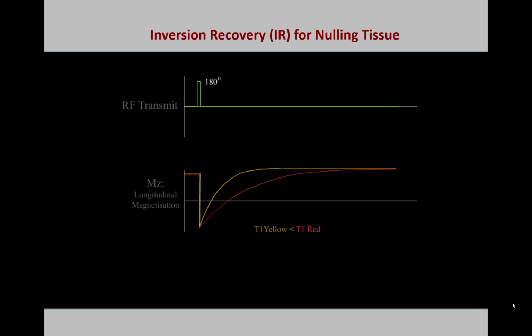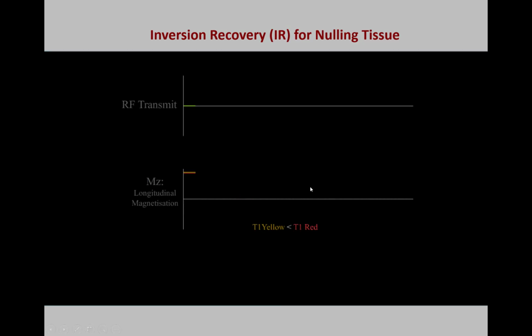We'll call one the yellow tissue, the other the red tissue. The T1 of the yellow tissue will be taken to be shorter than that of the red tissue. So when the 180-degree pulse is applied, the longitudinal magnetizations for both tissues are inverted, but the yellow tissue, having the shorter T1, recovers more quickly than the red tissue with the longer T1. So they behave like this.